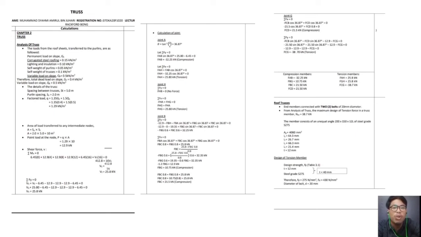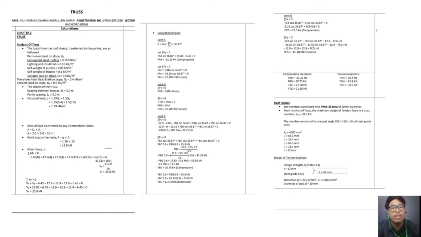For the variable loads on slope, Q equals 0.5 kN per square meter. Therefore, the net load on slope Gk equals 0.4 kN per square meter, and the variable load on slope Qk is 0.5 kN per square meter.